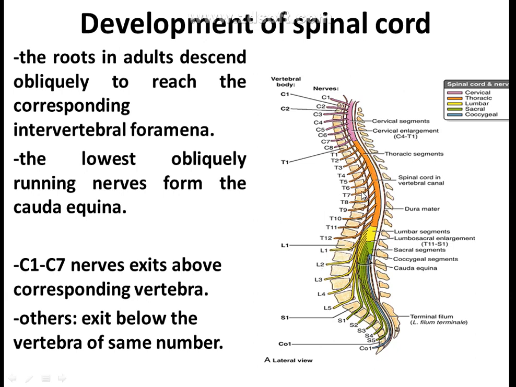For example, this is the T7 nerve, originating from the T7 segment of the spinal cord. During fetal life, the T7 segment was at the level of the T7 vertebra, and so the T7 nerve passed horizontally to exit out of the intervertebral foramina.